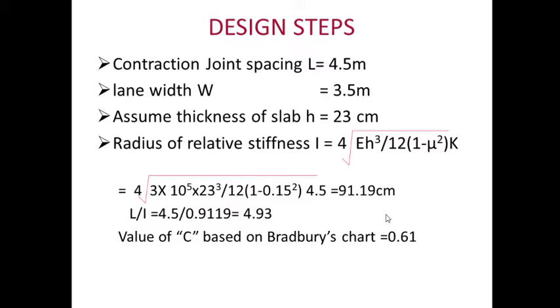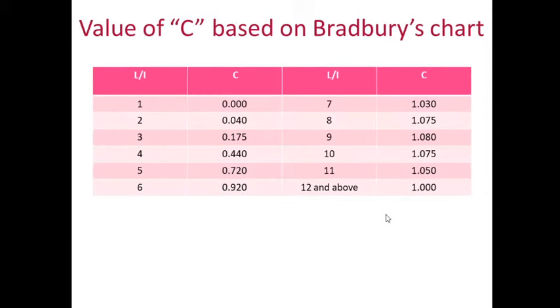Then we find L by l, where L is the contraction joint spacing 4.5 meter and l is the radius of relative stiffness 91.19 centimeter. L by l you may get 4.93. Using this value, we find C from the Bradbury chart using this table. If L by l is 1, the Bradbury chart value is 0. If L by l is 12 and above, it is 1.